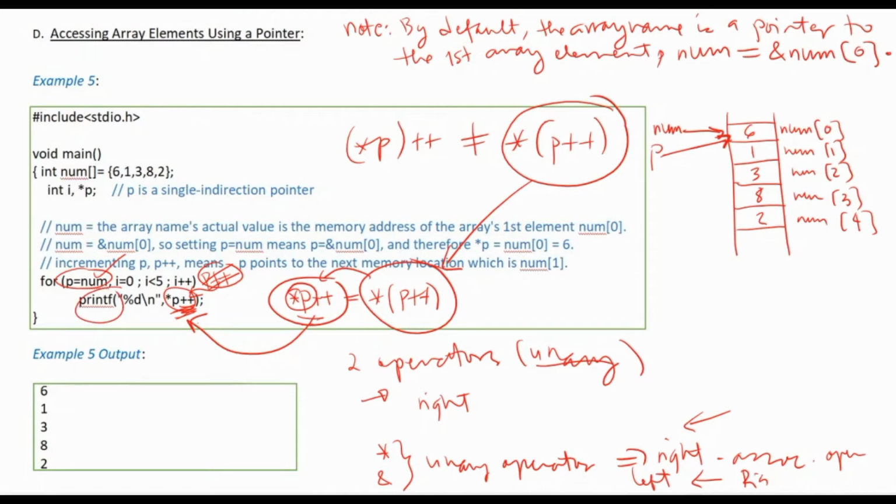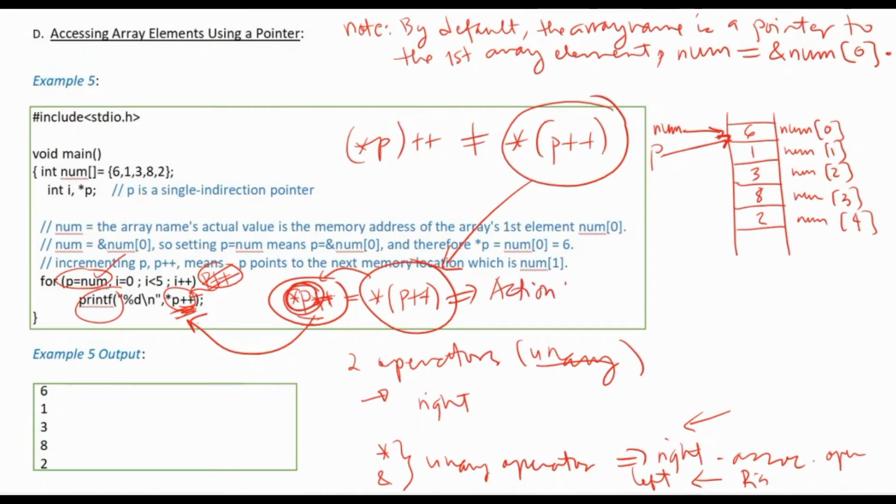And take note that this is a post-incrementation, not a pre-incrementation. The fact that the incrementation operator appears as a suffix in the expression, on the right side, means you have to get first the value of P. After that, you increment P. So that's the action in here.